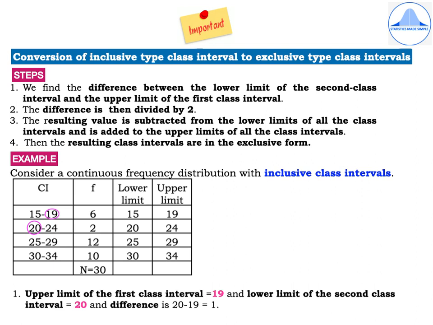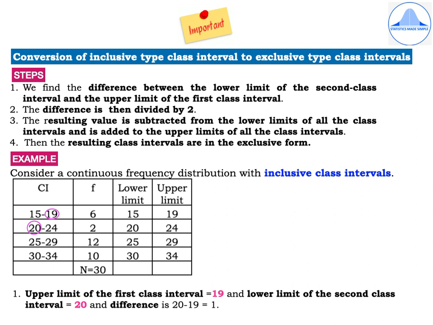And the corresponding frequencies are 6, 2, 12, 10, and the total frequency is capital N, which is equal to 30. To explain the steps, let us write down the lower limits and the upper limits in two columns. So the lower limits of all the class intervals are 15, 20, 25, 30 respectively, and the upper limits of the given class intervals are 19, 24, 29, 34 respectively.